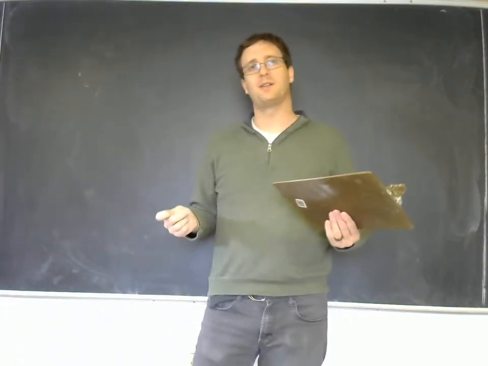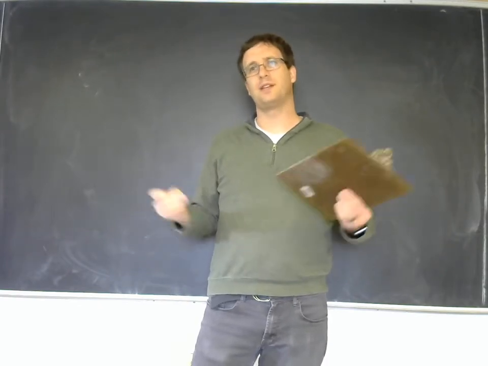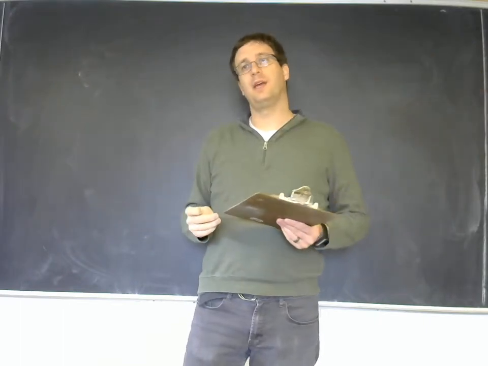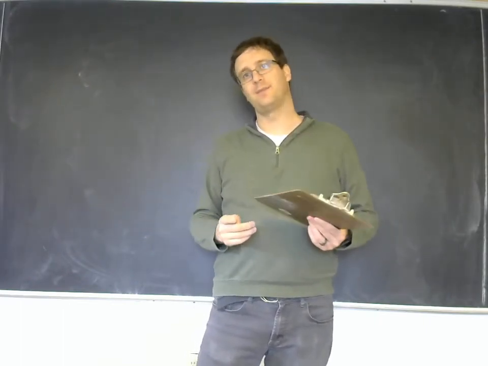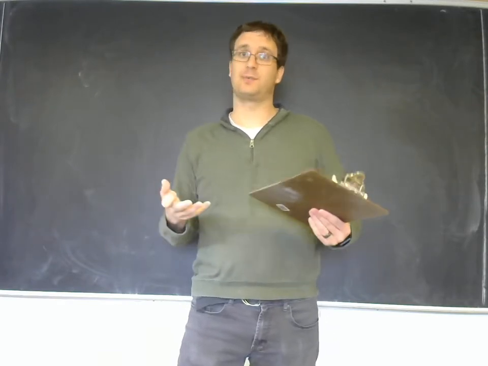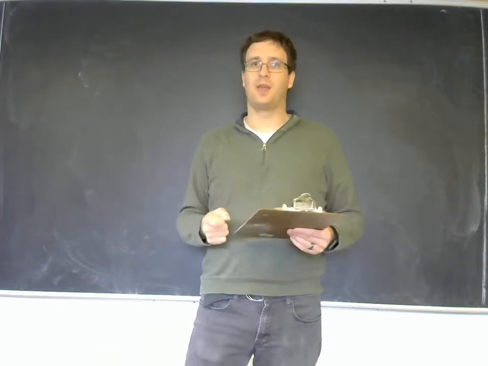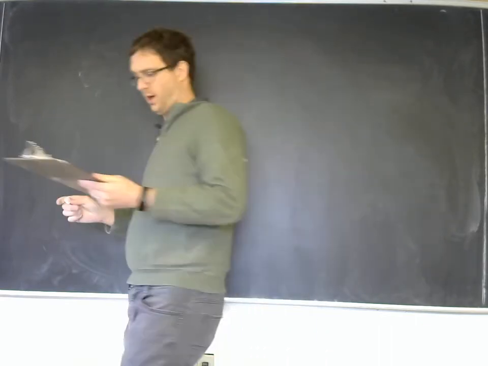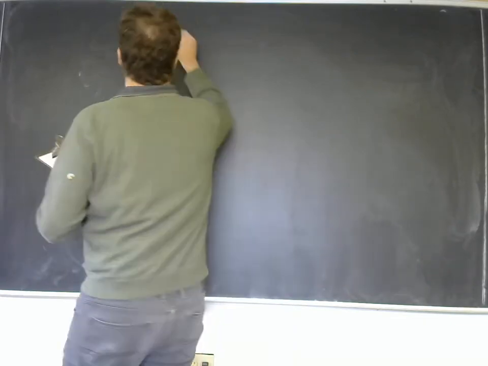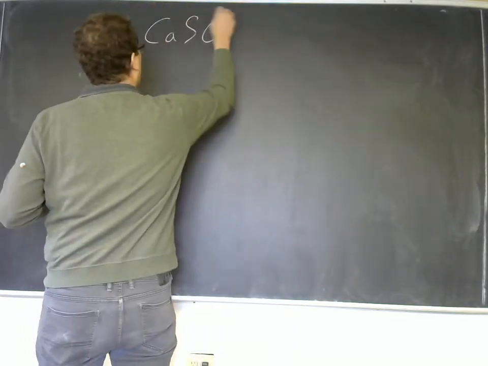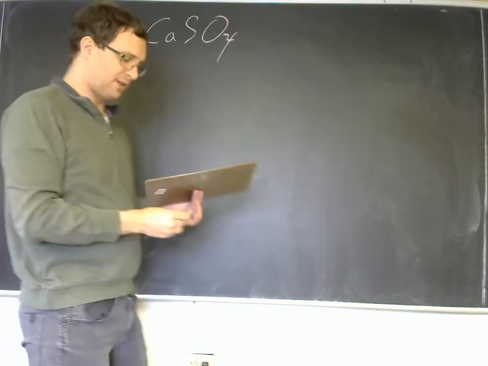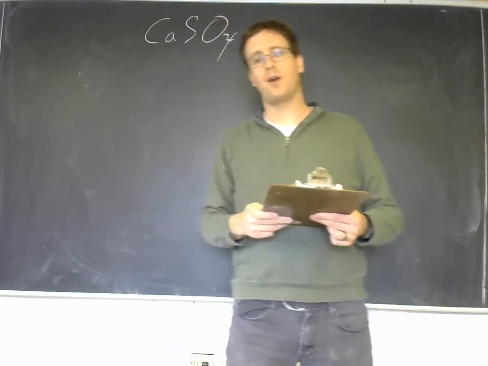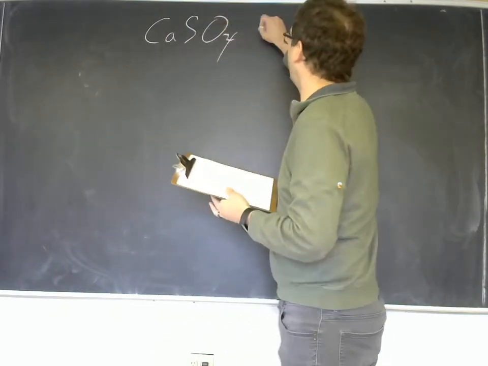That means that they will tend to take water vapor out of the air and incorporate it into the ionic lattice. You can use these sorts of substances as dehydrators because they will suck water vapor out of the air. A good example of that is calcium sulfate. If you have calcium sulfate and you've heated it in an oven so that there is no water in it, then we would call this anhydrous.